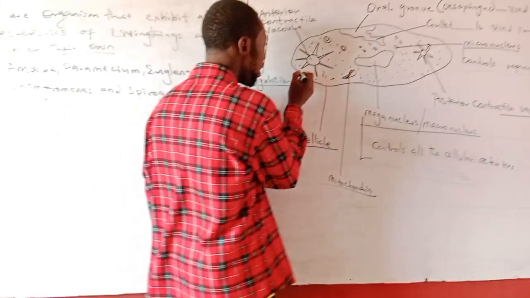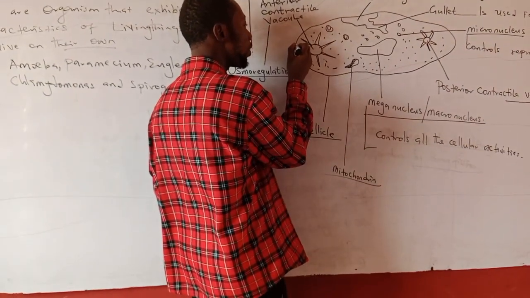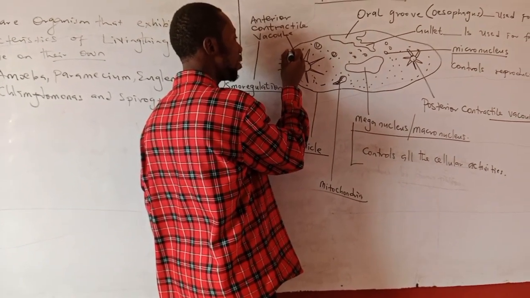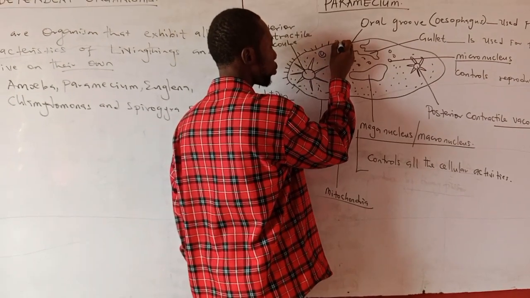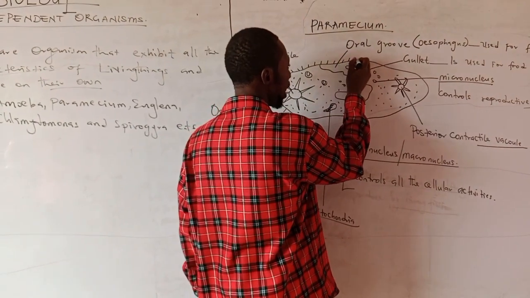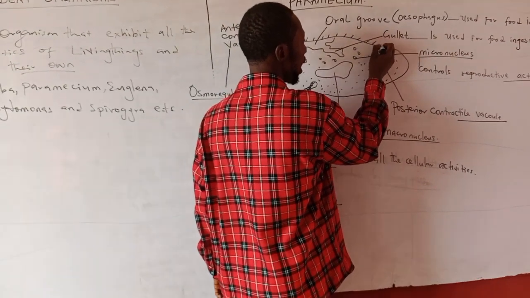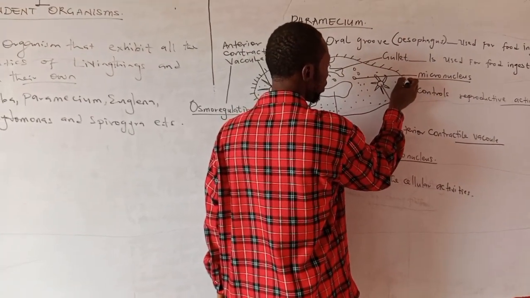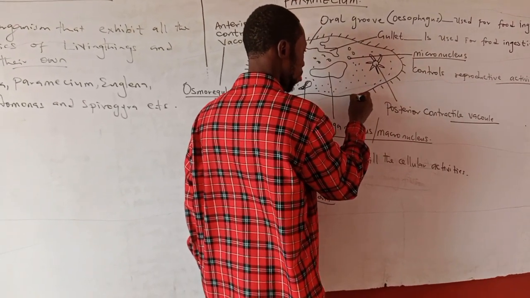Okay, then in Paramecium, while Amoeba moves by means of pseudopodia, the Paramecium possesses this structure here on the board attached to the pellicle. This is called the cilia. Alright, this is the cilia used for locomotion.